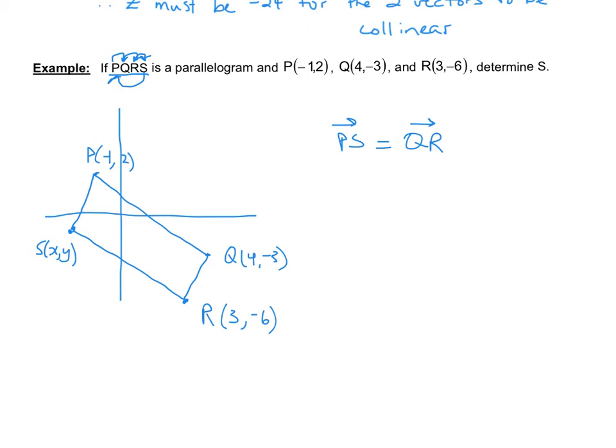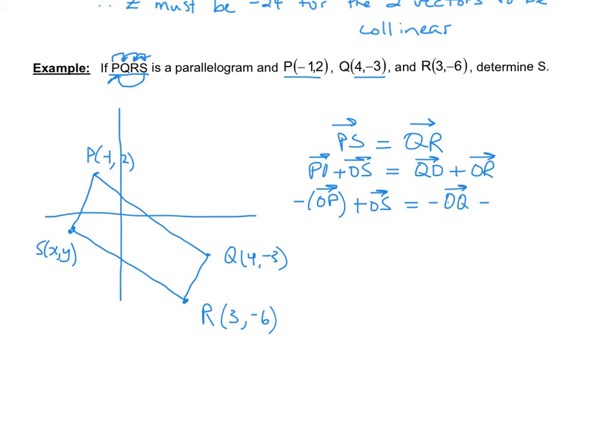So PS would be PO plus OS, and QR would be the sum of QO plus OR. I don't have PO, what I have is OP, so I'm going to make that negative OP to correspond to positive PO, and we're adding OS. And then we have QO, which again would be negative OQ, and we're adding OR.